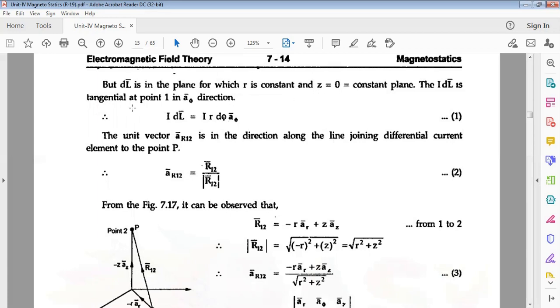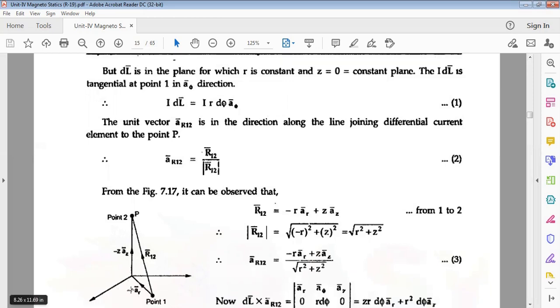It is tangential to point 1 in the a_phi direction. See here, this is a_phi. So I dl bar is equal to I times, we are not taking the r component and the z component, only the phi component, r d phi a_phi bar.